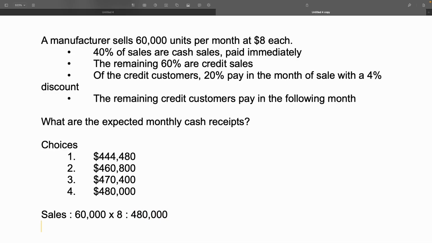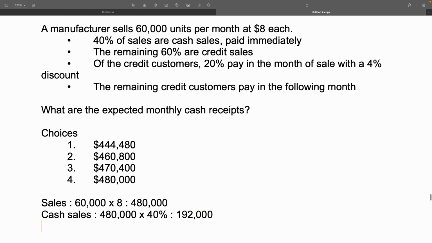So this one is 480,000. Then you have cash sales. Then you got credit sales.